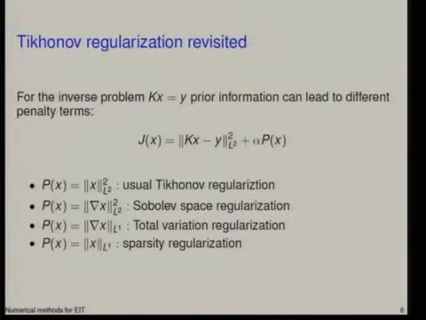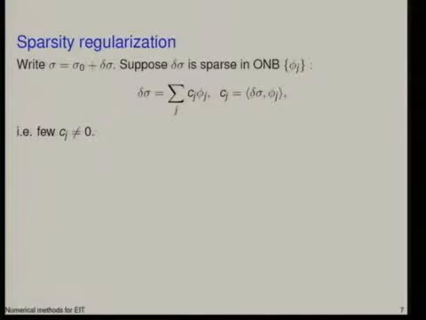But anyway, in our approach to this problem, what we have looked at is the following. The basic idea is to take the sigma that we're looking for and write that as something known plus a perturbation. The basic assumption that underlies everything here is that this perturbation is sparse in some representation. So not necessarily the canonical basis in Rn, but it could be in some orthonormal basis of, let's say, a Hilbert space.